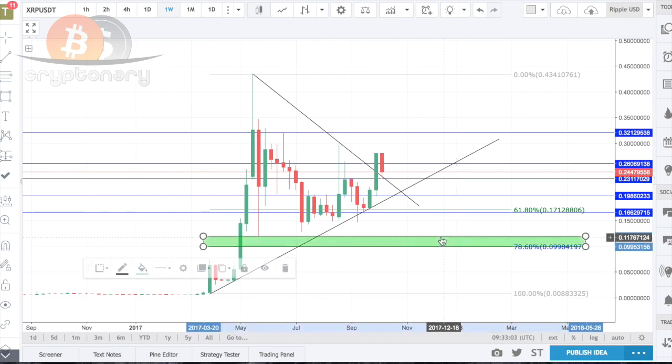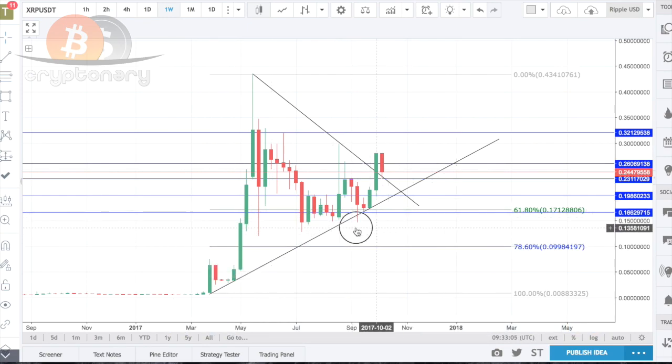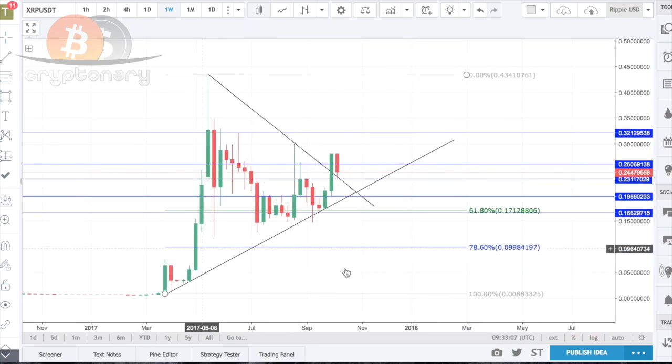But what you do notice is if I wipe out this zone completely, forget about the 78.6, look at the 61.8. This correlates almost pinpoint to the support level we drew of around 16.6 cents.